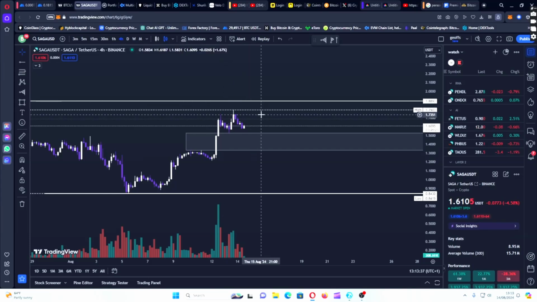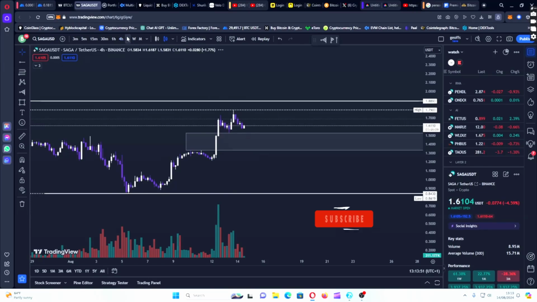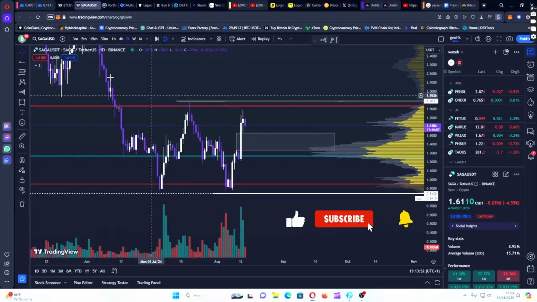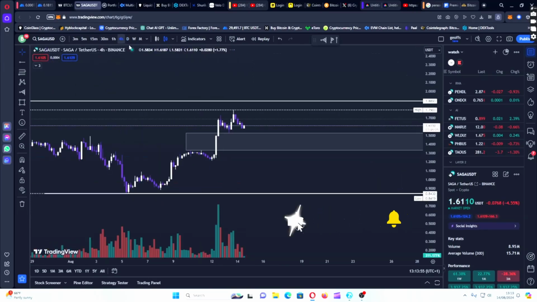I think I entered the trade at around 1709 there, that area. I entered that trade, like I say, due to the fact I could see that it was struggling, and on the daily we had created a doji on the 4 hour.